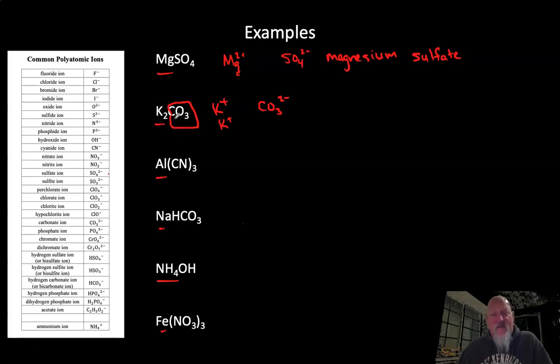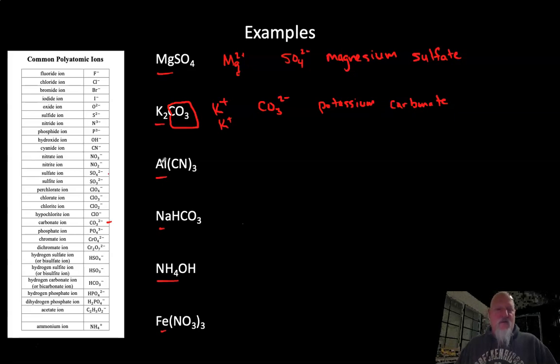So K+ is potassium, and CO3 2-, if I go over to the chart, right there, is carbonate. So K2CO3 is potassium carbonate.